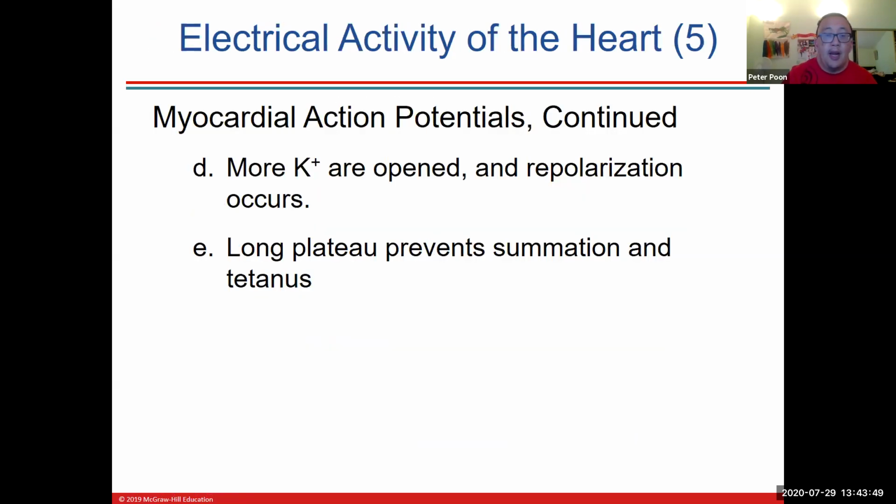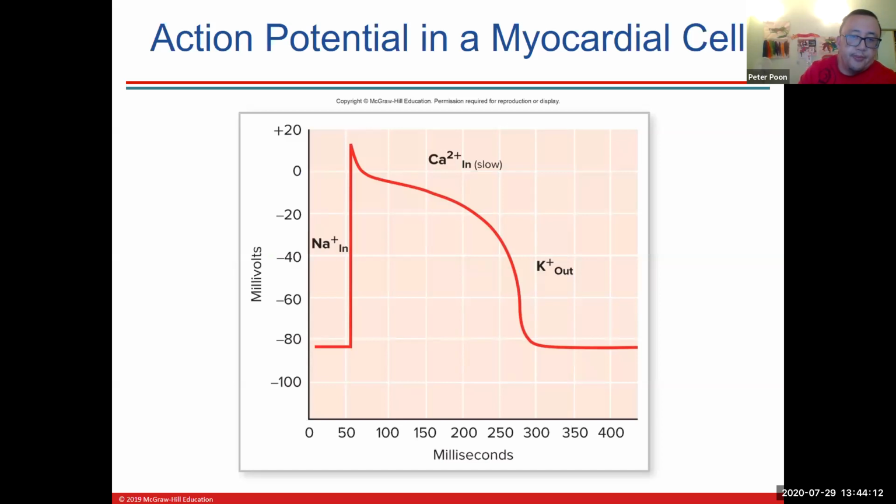But there's actually a long plateau that prevents summation. So it's not like skeletal muscle where you can add up pulses. There's a relaxation that is longer than a beat, so the muscle has time to relax and you can't build up signals. There's no summation here. So you need to go all the way out before you can beat again. Those 250 milliseconds really limit the speed of your heartbeat.